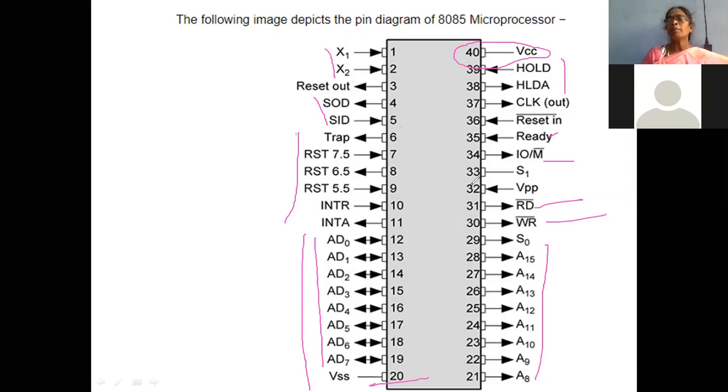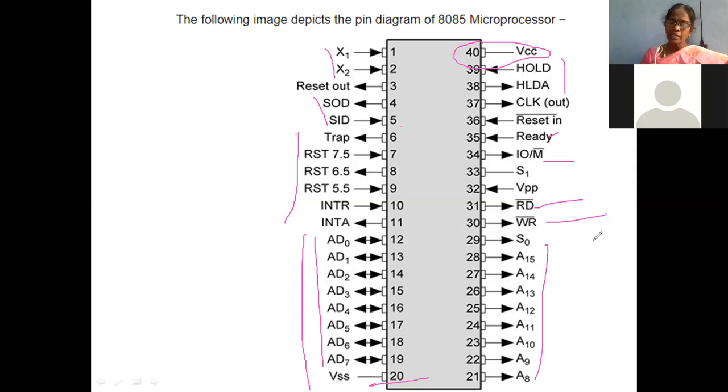In order to demultiplex that, there is a control signal called ALE, address latch enable, which is used to differentiate the address and data lines and split them.